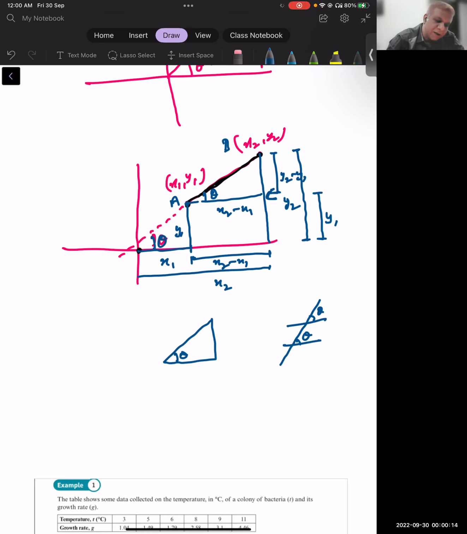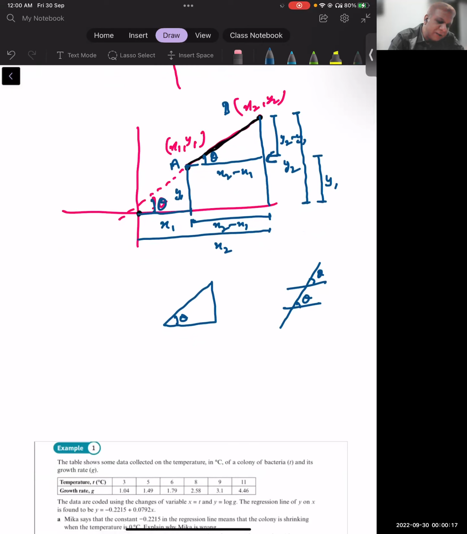Now, in triangle ABC, can you tell me which is the base and which is the perpendicular? Which one is the base? The base would be AC and the perpendicular would be BC. Why is AC the base?